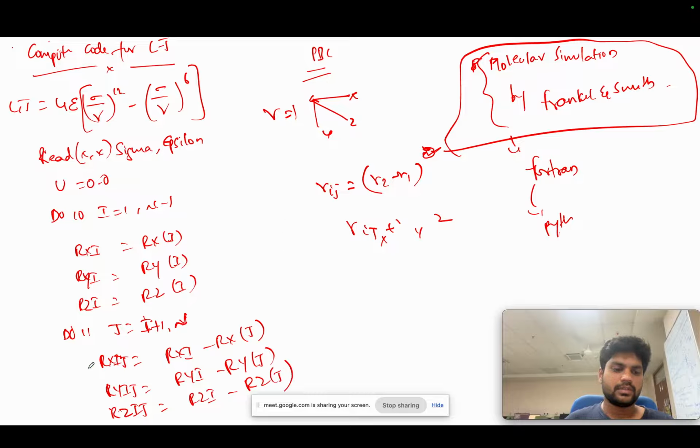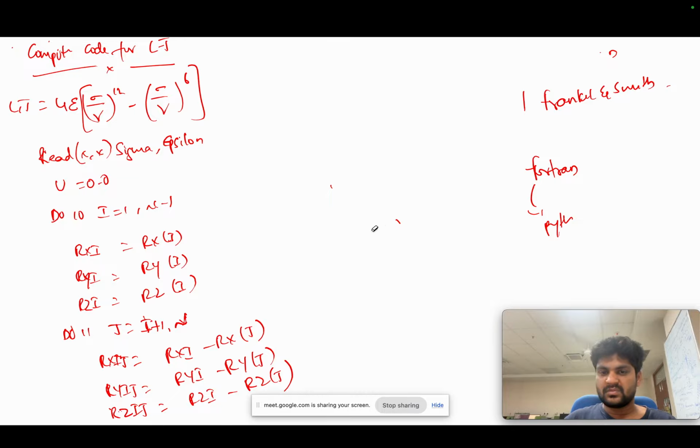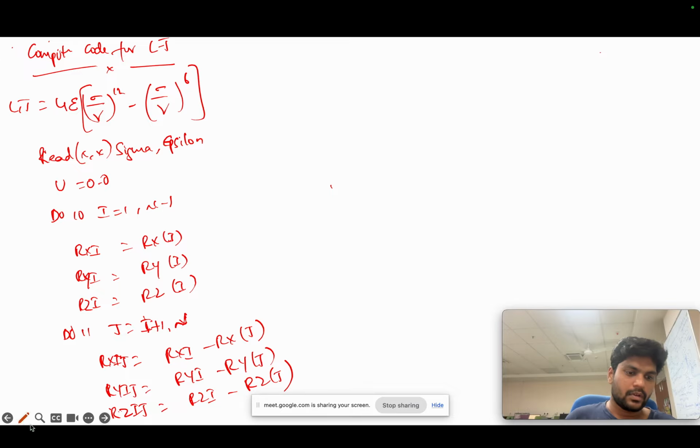Now you have all the values. Then we need to do the square root. Here we are applying the sigma also. Sigma square we write as sigma into sigma.